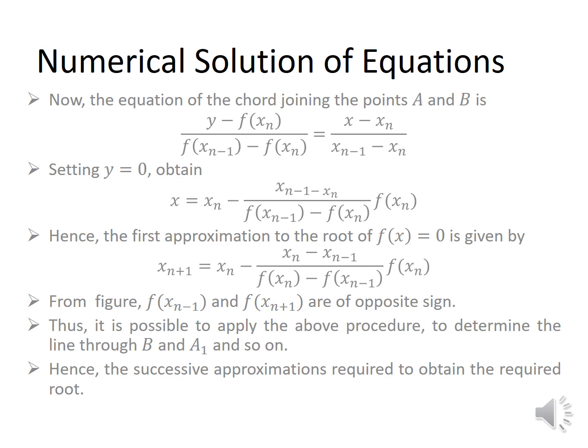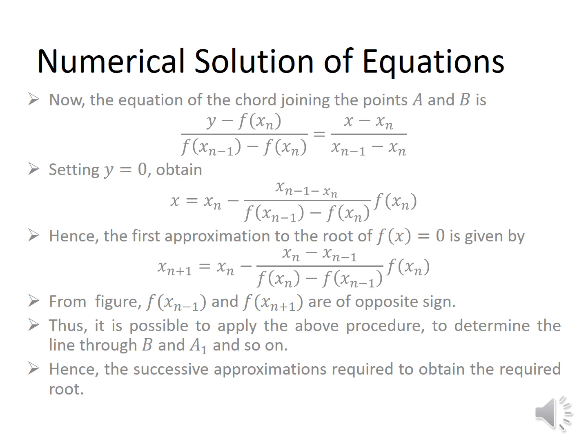Now, the equation of the line joining the points A and B is given by this. And you set y equal to 0 to obtain the root. After you simplify this, you will get this equation. So your x will be your first approximation.